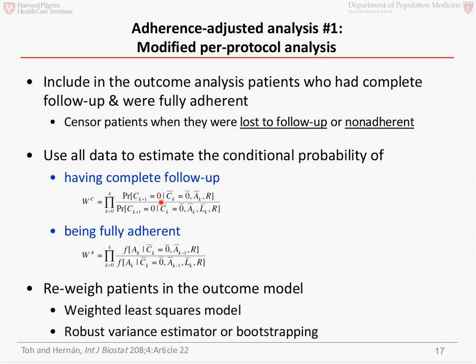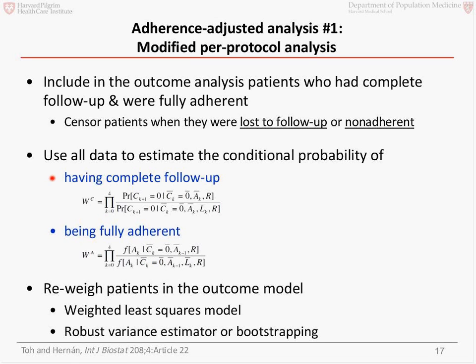In theory, we don't have to do anything with the numerator, but you see that we also fit this model in the numerator because it actually stabilizes the weight a little bit so that we can get a narrow 95% confidence interval. And we did more or less the same thing to adjust for censoring due to treatment non-adherence. You can see that the two models are pretty similar, so I'm not going to go into detail with this treatment model.